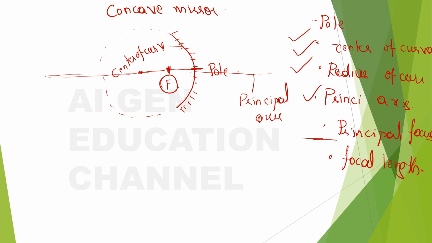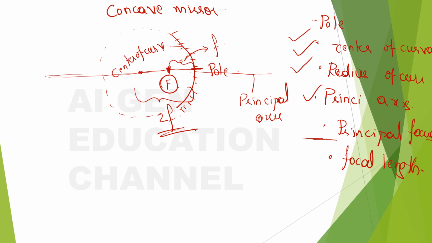The distance between the pole and principal focus is called the focal length f. So if this is f, this will be 2f, right? 2 into focal length. So these are all the things in the concave mirror too. We are done with all these, right?